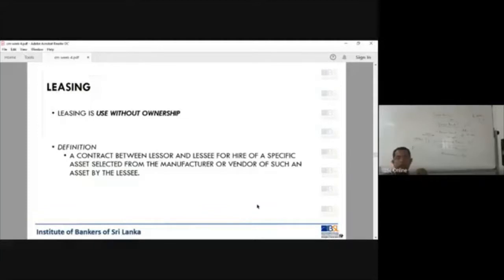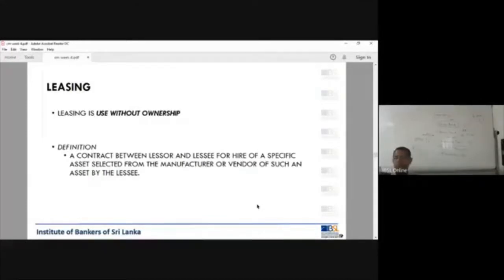When he completes paying in that period, ownership will be transferred to the lessee at a very nominal fee. The lessee can't cancel the lease in between. We say, I want a car.